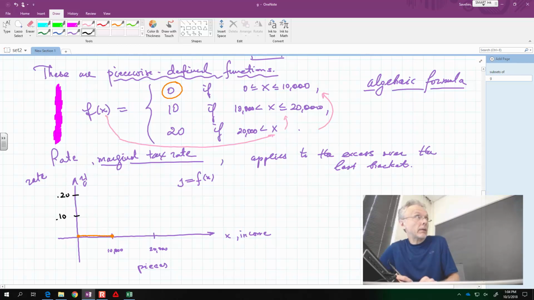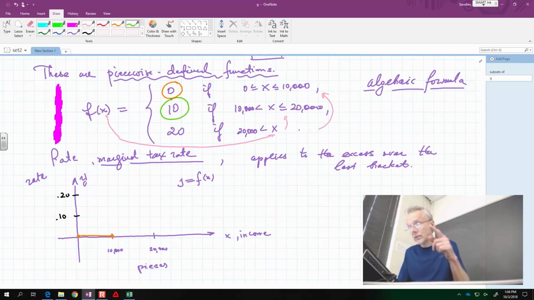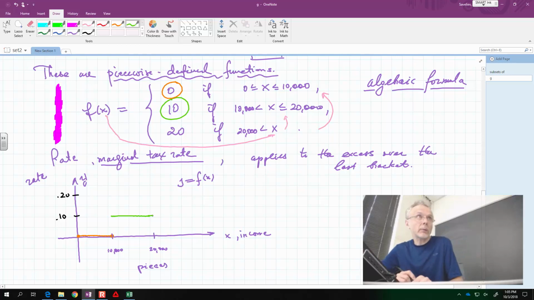And then I progress to the second value of 10%, or 0.1 if you prefer. Once again, it's a constant, which means that part of the graph will be constant, except you've got to be careful, so you don't just draw a line, but you also take care of the endpoints, whether to include or not to include.